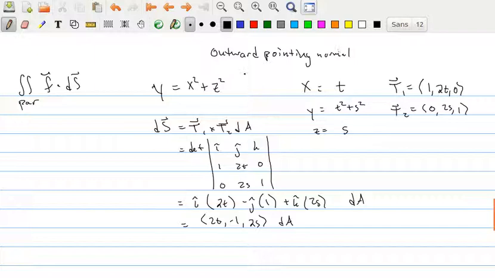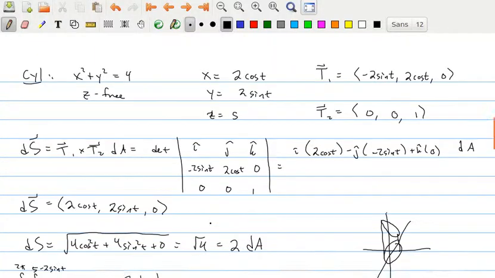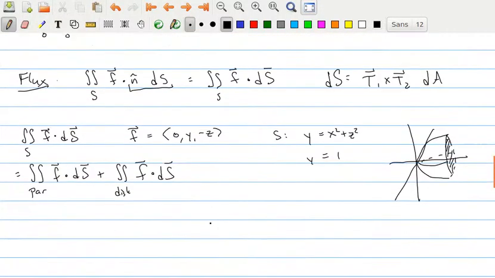Let's take a look at this picture of the region. If we were at some point over here on the paraboloid, we would want the normal pointing away from the surface rather than the one pointing into the surface. We want the one pointing outward.